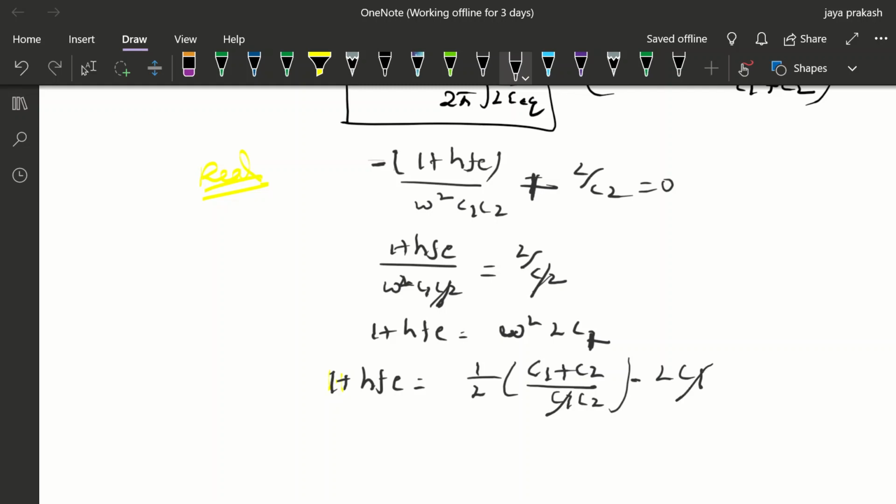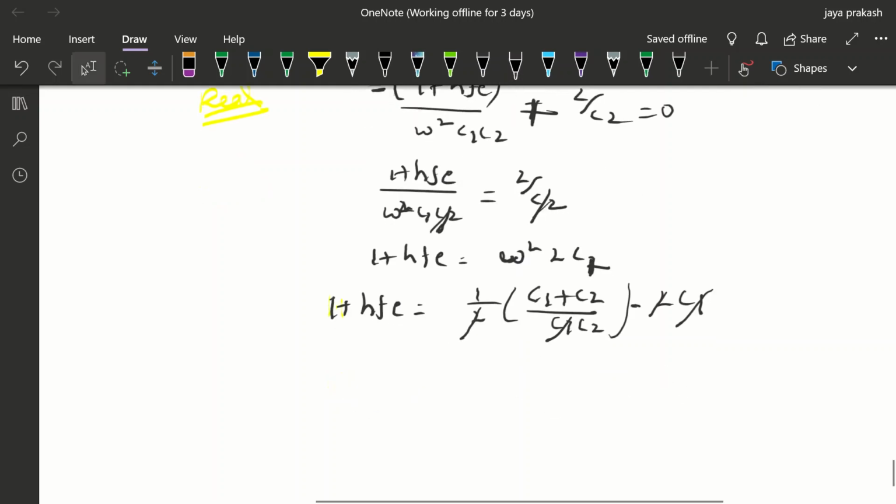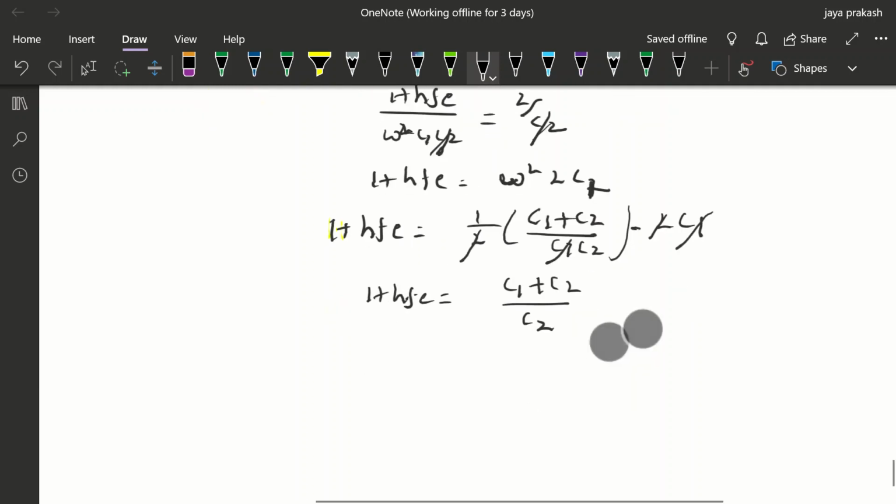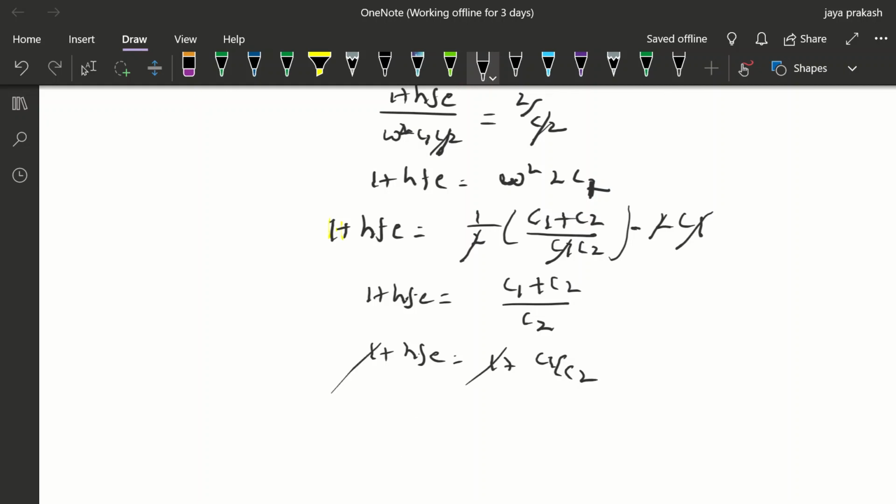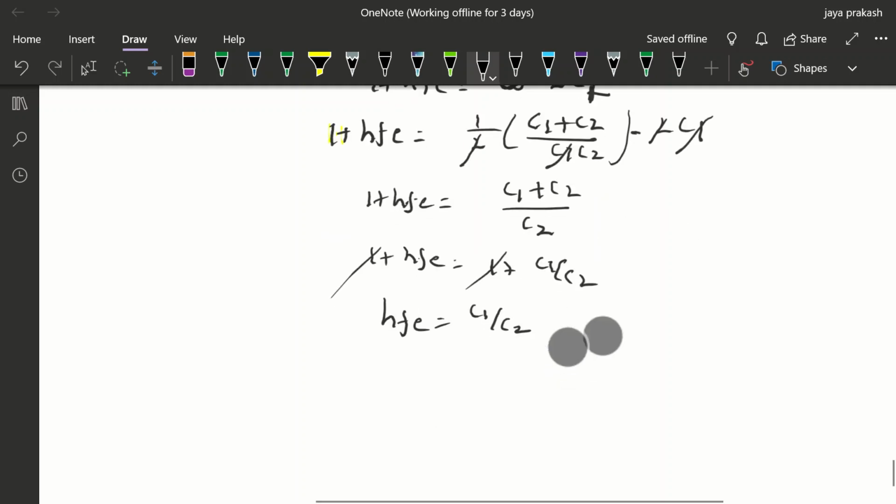This C1 gets cancelled and this L gets cancelled. So 1 plus hfe is equal to C1 plus C2 by C2. This is equal to 1 plus C1 by C2, and this 1 gets cancelled. So hfe is equal to C1 by C2. Okay, this hfe means the forward current gain of the amplifier.